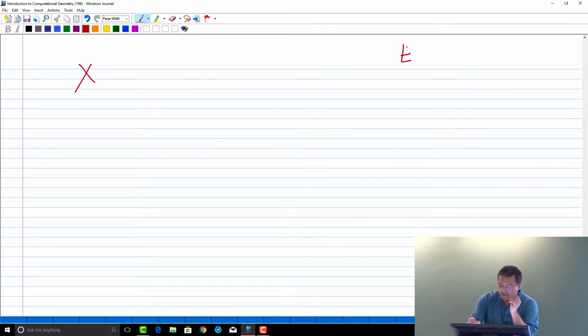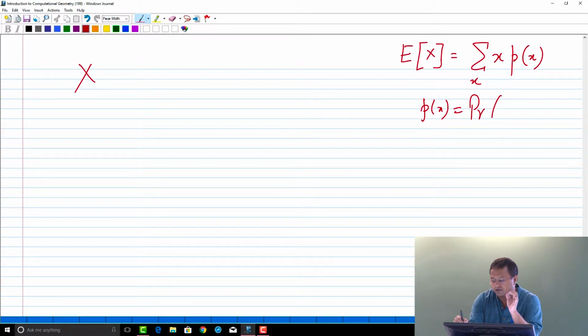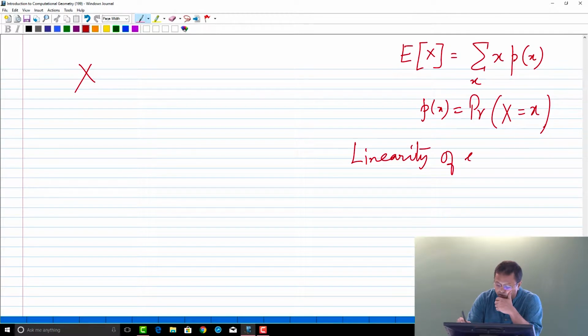and you can define the expectation of a random variable as this, which all of you know, right. Agreed? So, a random variable is a function, and attached to it is the probability of the random variable taking a value. This probability P(x) is the probability that capital X takes this value small x, fine. Okay. There is another property of expectation which is known as linearity of expectations, and this is very useful.